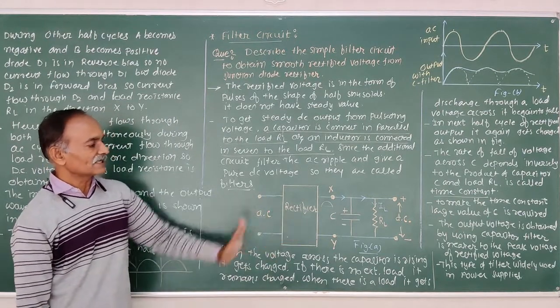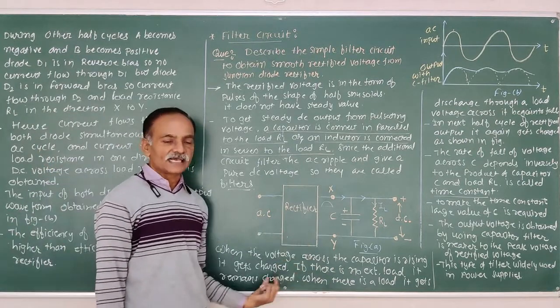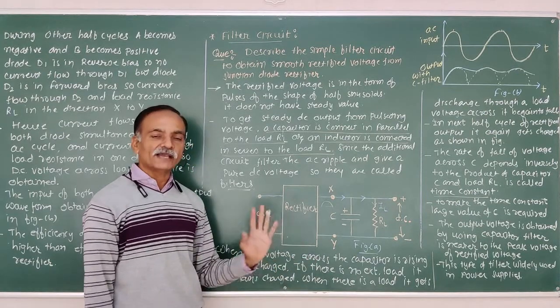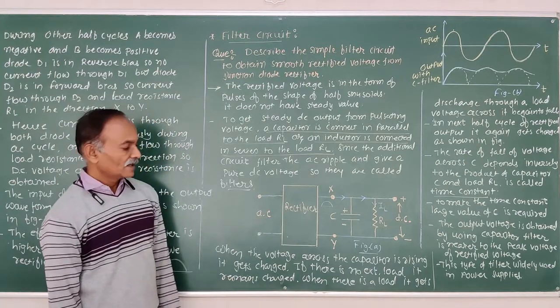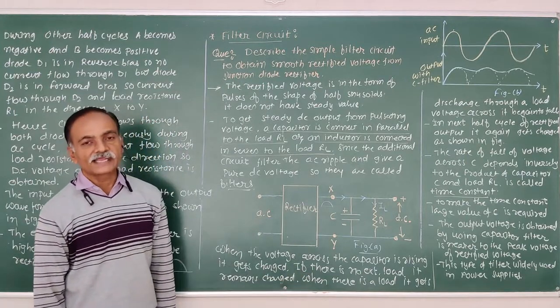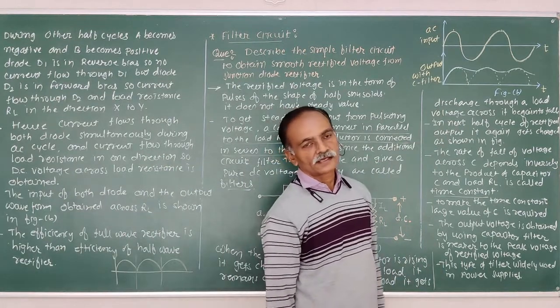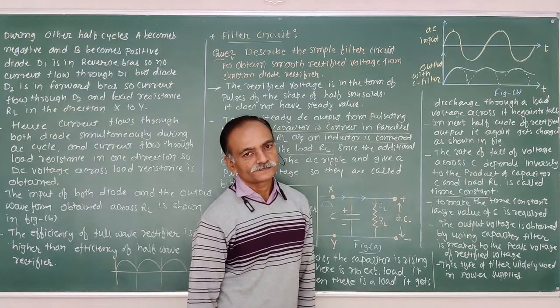How does the capacitor work as a filter? When the voltage across the capacitor is rising, the capacitor gets charged, and if there is no external load, it remains charged. When there is a load, it discharges to the load. Thus the voltage across it begins to fall.